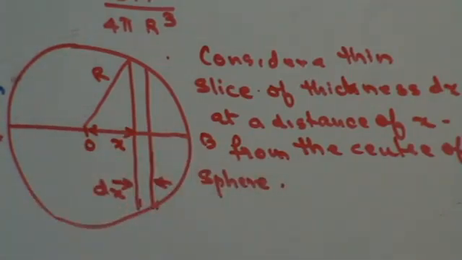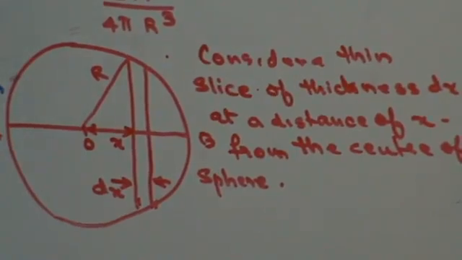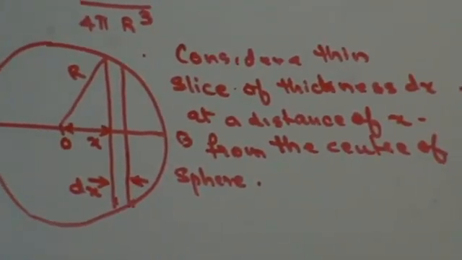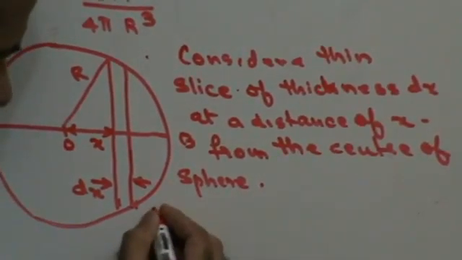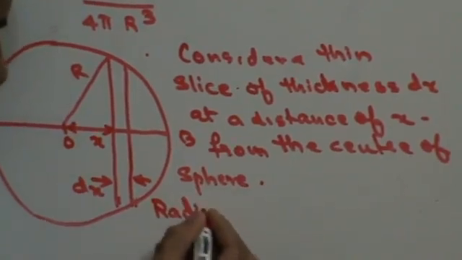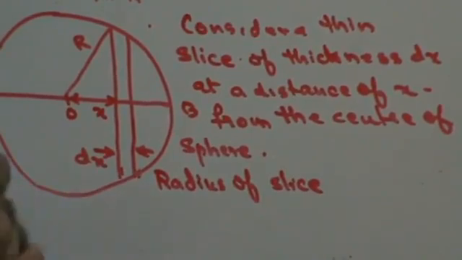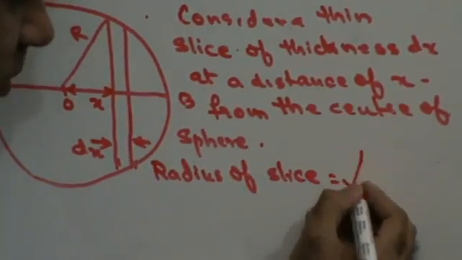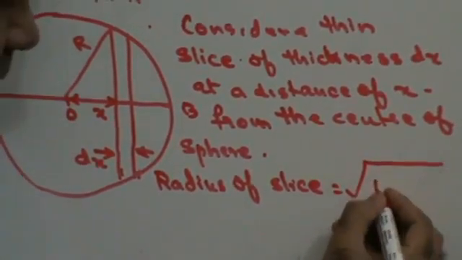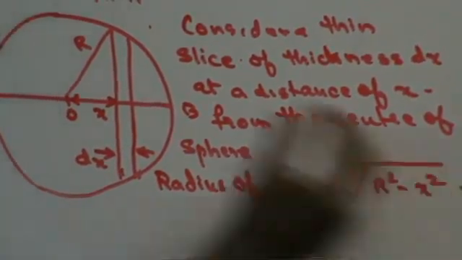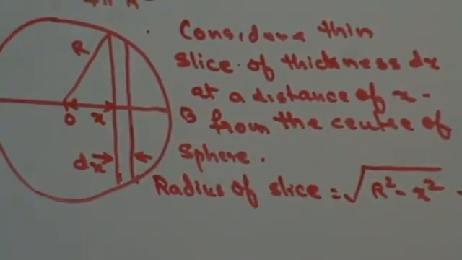Now if I apply Pythagoras theorem, I can say that the radius of the slice will be nothing but square root of r square minus x square, by Pythagoras theorem, right?